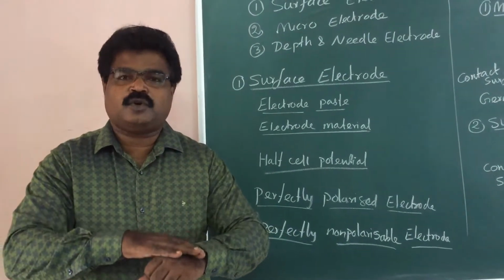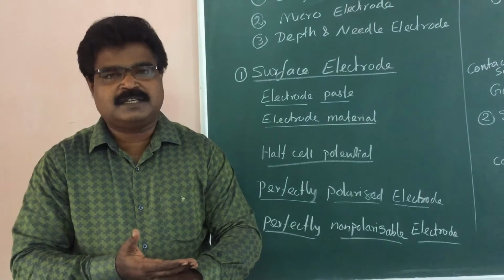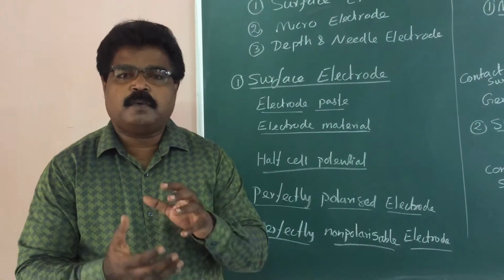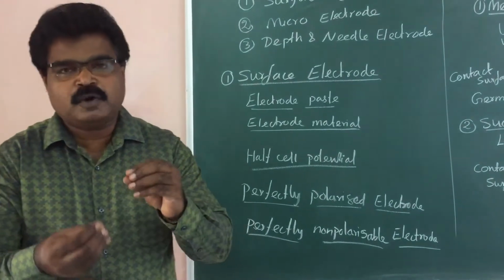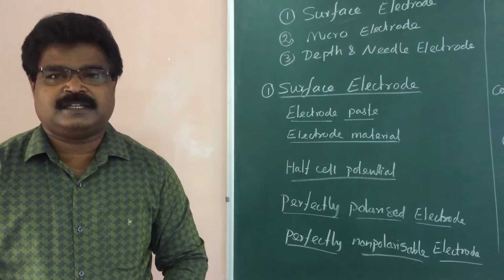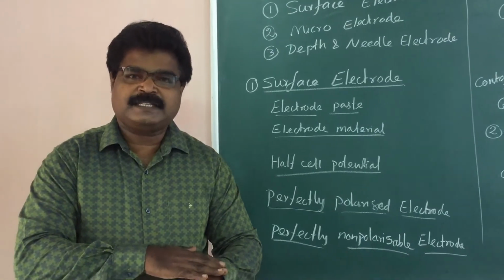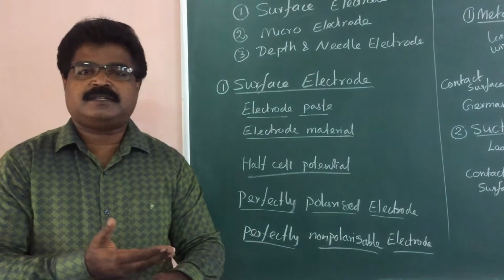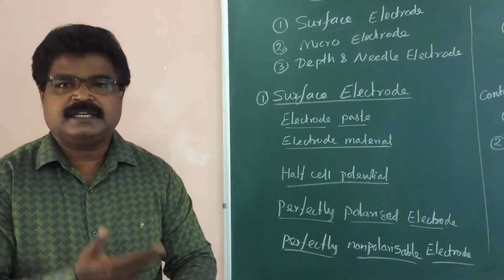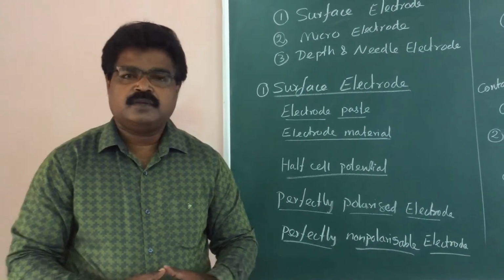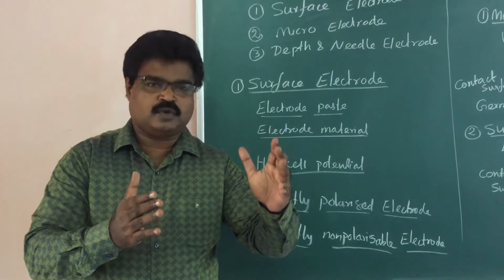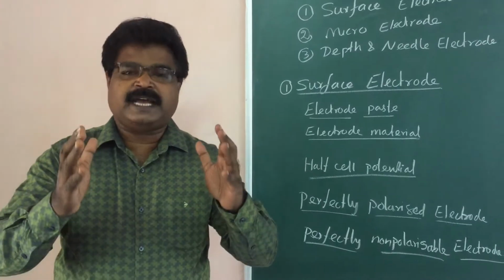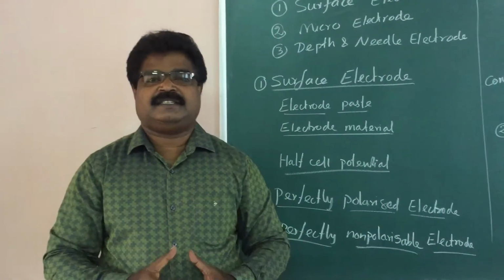Under the surface electrode is the electrode paste, and under that is the electrolyte. What is the electrolyte? The body fluid present below the skin is called the electrolyte. So this interface, electrode paste and electrolyte, will act with a battery-like action.